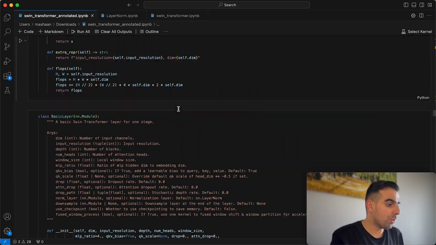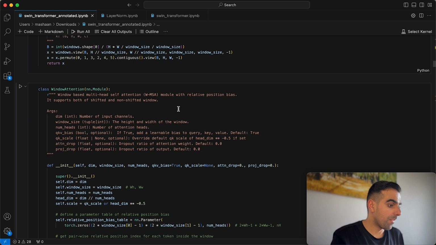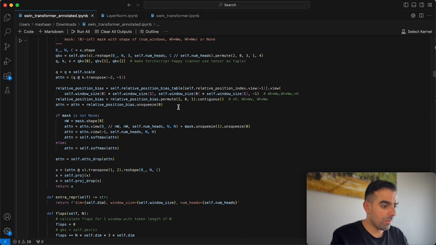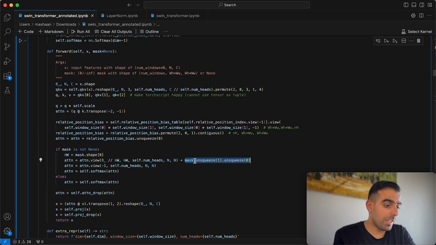If you go to the window attention class and scroll down to mask, after performing the multiplication between the query and key, they're adding the mask. If windows are not allowed to perform attention together, our attention, which is the multiplication of our query and key, will be very small because we added -100.